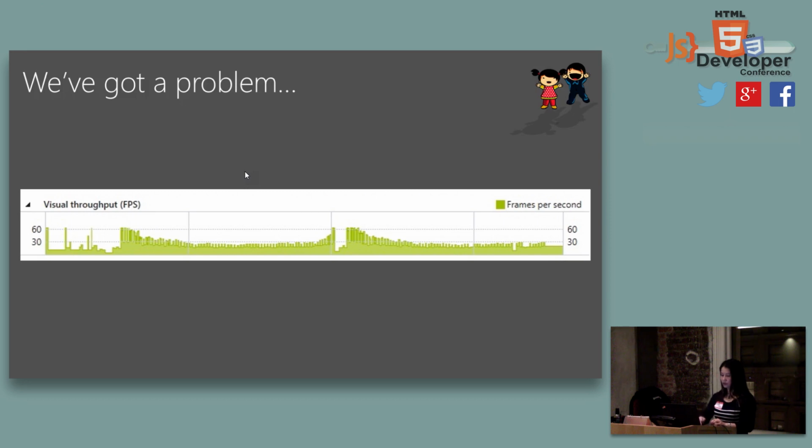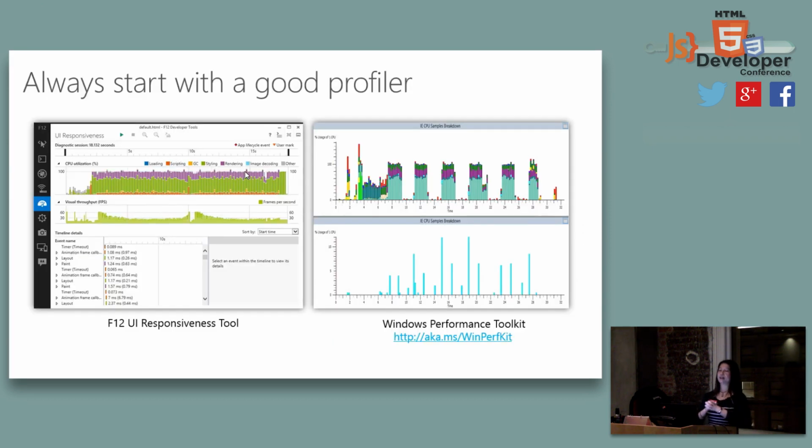What we're going to do is go through this slide first. I'm using 2 testing tools. One is a new feature in IE 11 called the UI responsiveness tool. That tool measures the duration for different stages of what we call the browser pipeline, and uses color coding to show each stage. I'll show you in the demo.